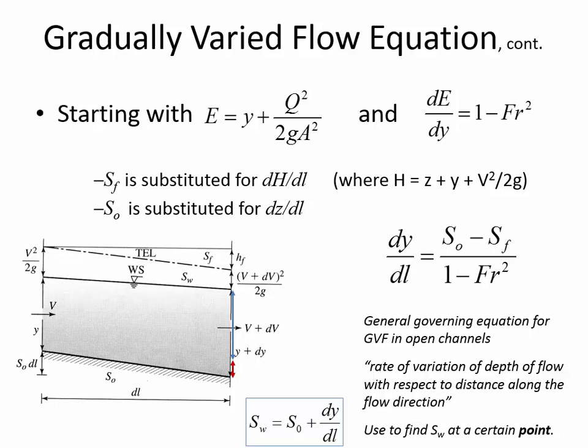So just again, in the margin, write a note to yourself: dy/dl can be positive or negative. S naught is always negative. And you'll have to remember that in the example we're going to work in just a minute.